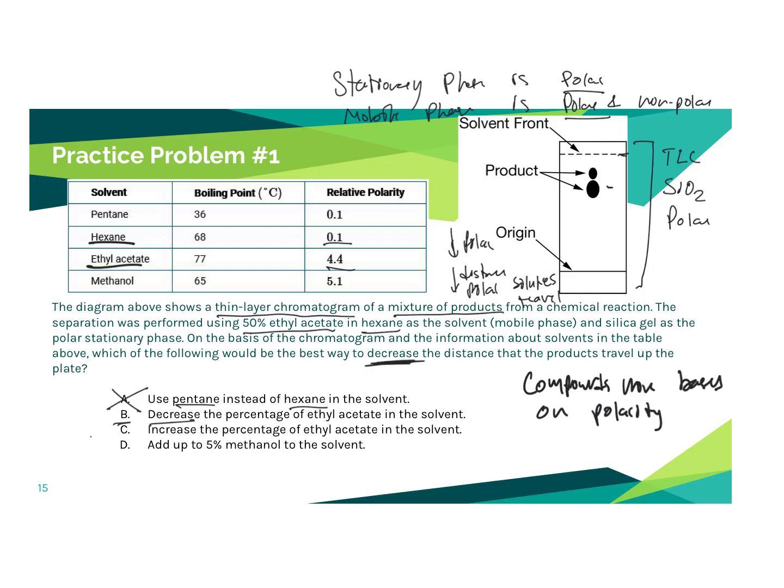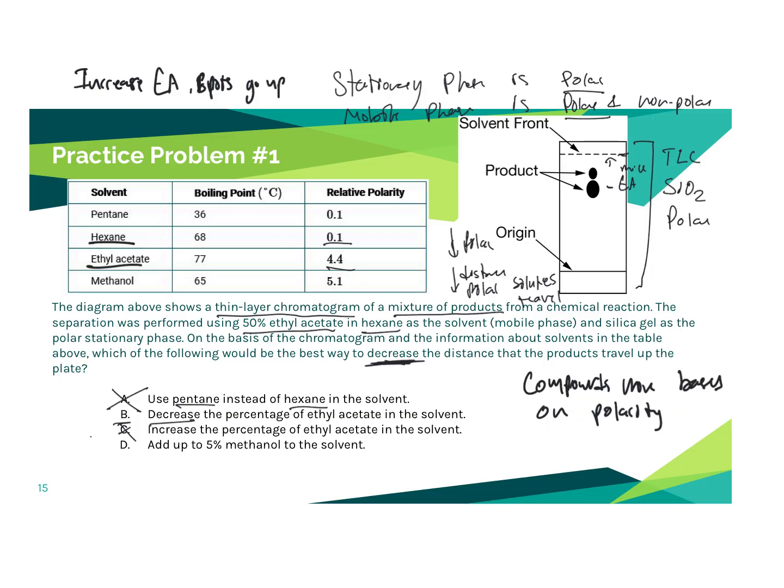Well, if we increase the amount of ethyl acetate, we have a polar stationary phase, we have a polar mobile phase. If we increase ethyl acetate, or EA, the spot should go up, right? We have a more polar mobile phase now, and so these should actually move up with more ethyl acetate. And so that wouldn't make sense either, because we want to decrease the distance.